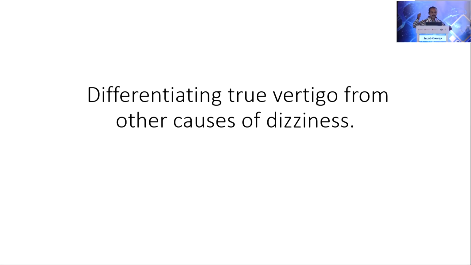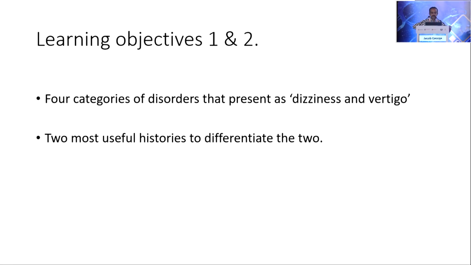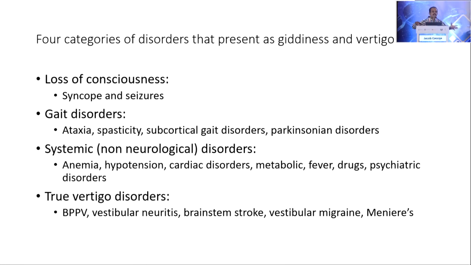Now, the first learning objective is how to differentiate true vertigo from other causes of dizziness. For that, you can understand there are 4 major categories of disorders which present as vertigo or dizziness. This is true for all languages, whether it is Malayalam, Hindi, or English, or any other language. Patients complain of any of these 4 disorders.